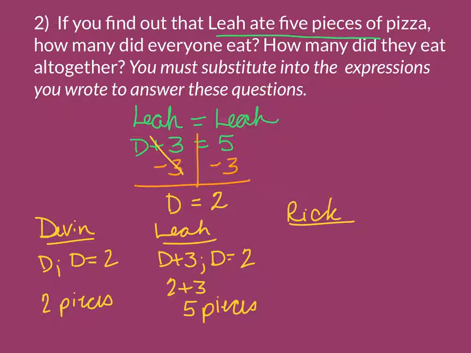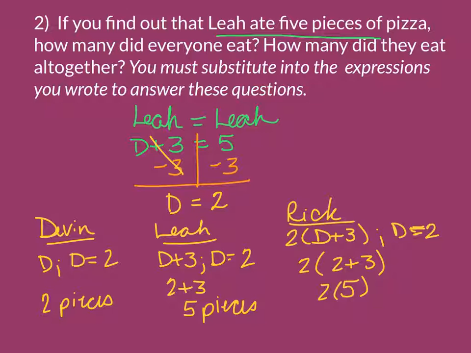And then the expression we wrote for how many Rick ate was 2 times the quantity of D plus 3. D is still equal to 2. So 2 times the quantity of 2 plus 3. I do inside the parentheses first. That's 5 times 2 is 10 pieces. Rick must have been very hungry. I'm quite impressed by that.